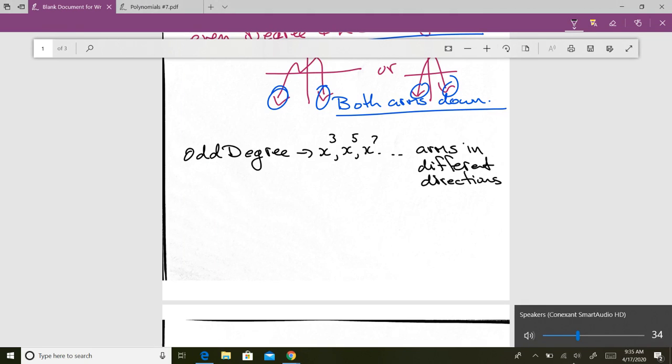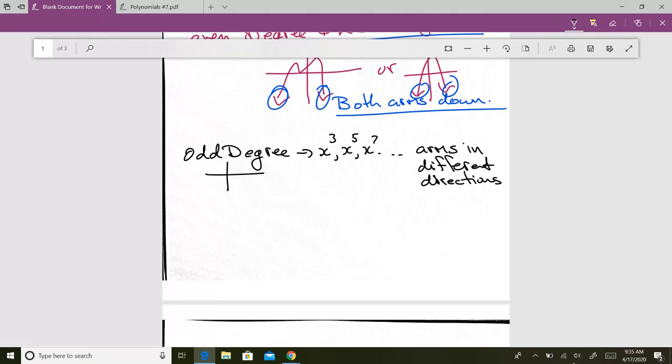So odd degree functions, and we'll talk about the coefficients in a second, look like that, or, and again, the number of bumps depends on the degree, right?